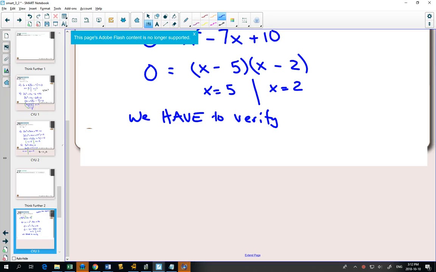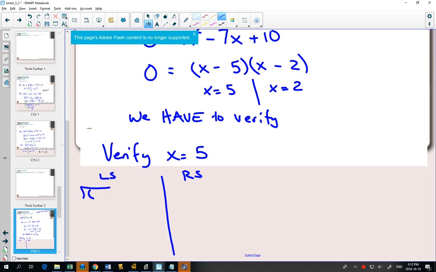So we'll start with verifying x equals 5. You take your original equation, your left side of your original equation, your right side of your original equation. Our original equation here on the left side was the square root of 6 minus x plus 4. Our right side on our original equation was just x.